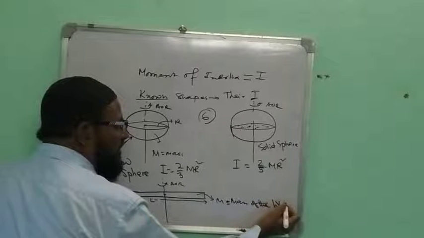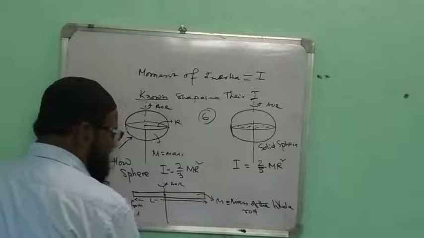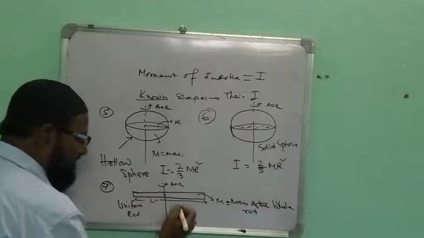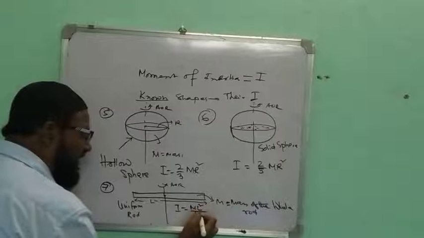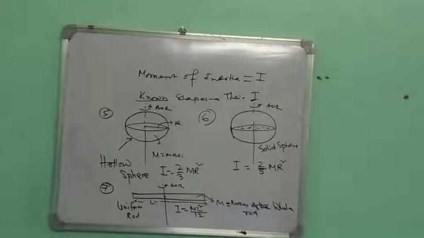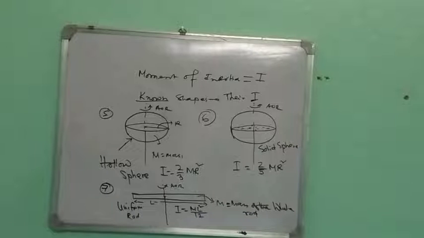With respect to this, what is the formula? ML square by 12. Please write down. ML square by 12. This is figure number 7.